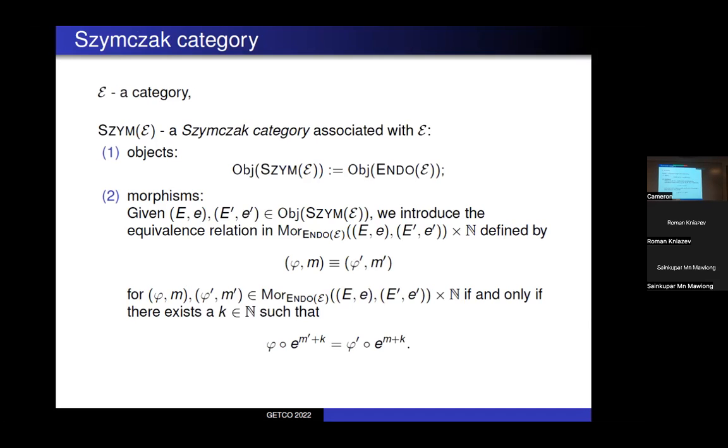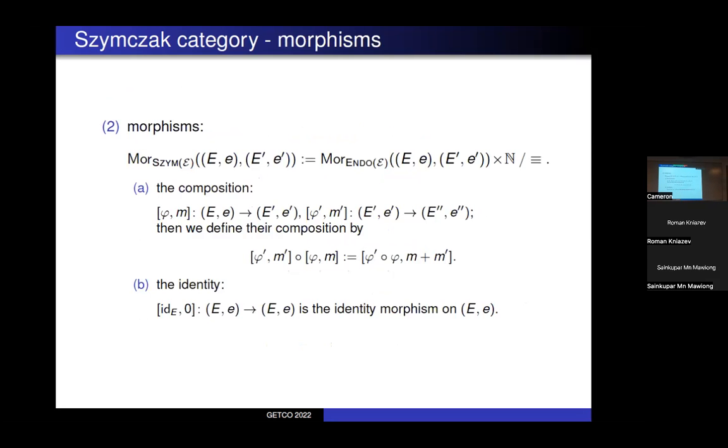Two pairs are related if there exists some natural k such that that equation holds. This is an equivalence, so we can take a quotient, and the quotient of this cross product over that relation is exactly the set of morphisms in this Szymczak category.